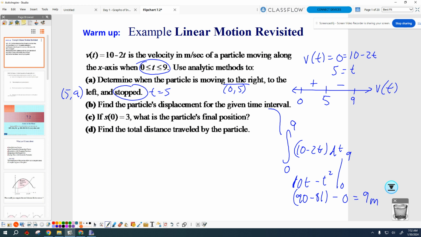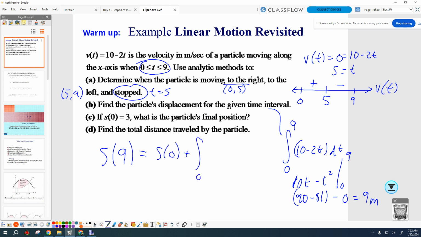Fiona, what about part C? If S of 0 equals 3, what's the final position? Is that like where you do the linearization or is that something? It's not a linearization. Cecilia, do you know? Do you do the integral plus C and then plug in 0 and 3? And you get C equals 3.